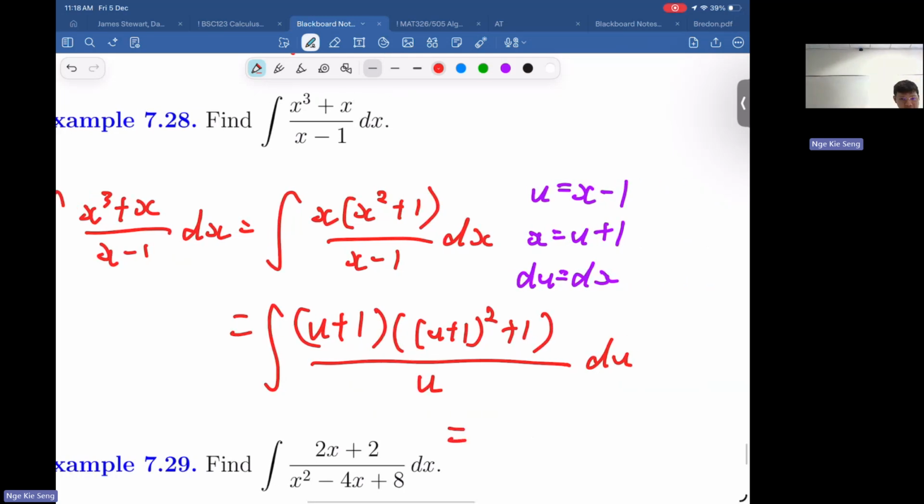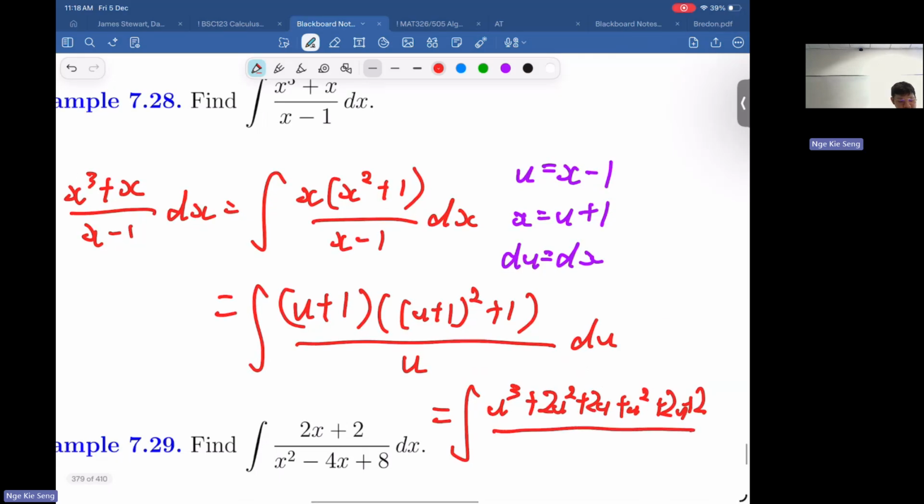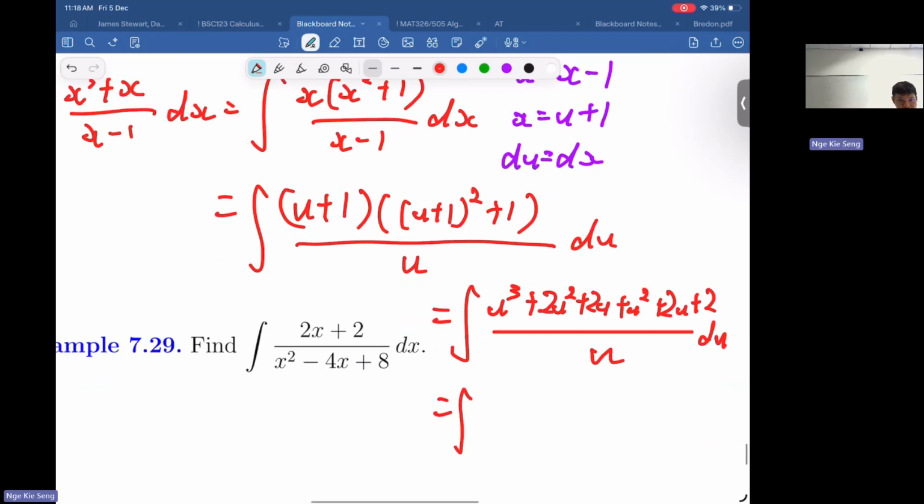Let's compute the large portion: u cubed plus 2u squared plus 2u plus u squared plus 2u plus 2. Maybe you can check my answer. So what do we get here? Integrating u squared plus 3u plus 4 plus 2 over u du. So you just have polynomial and then you have 2 over u.